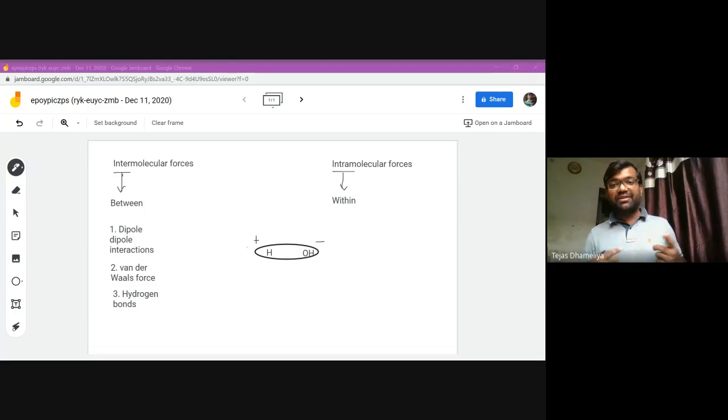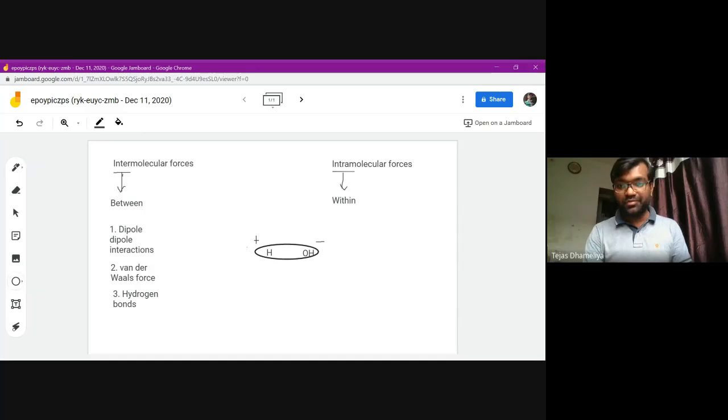But if we want to develop dipole-dipole interactions, there should be the existence of another dipole. So let me draw one more dipole just similar to this. Now, one pole of this, assume it is hydrogen, and the other pole of the same, assume it is OH.